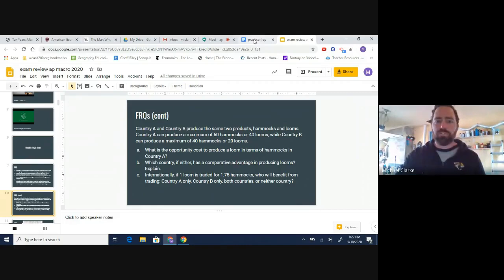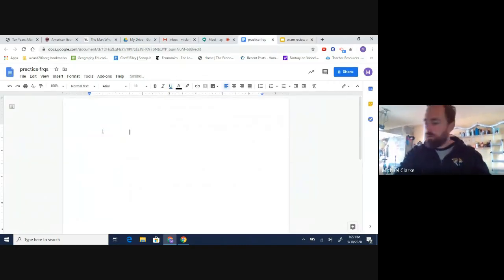So let's break this down. I gotta revise all this. All right, so we got hammocks. Over here, we got looms. Country A, country B. Country A can make 60. B can make 40.